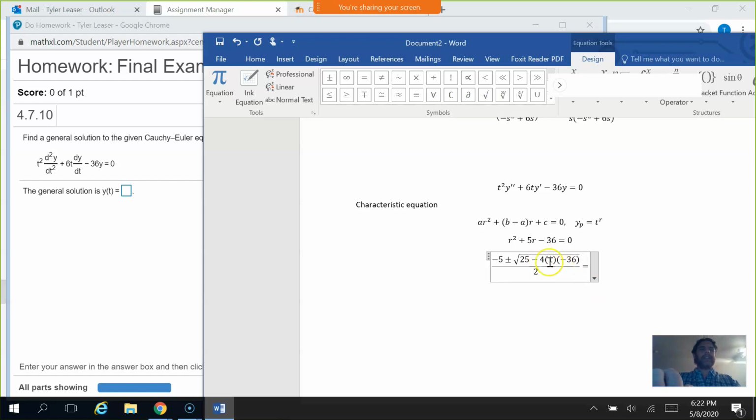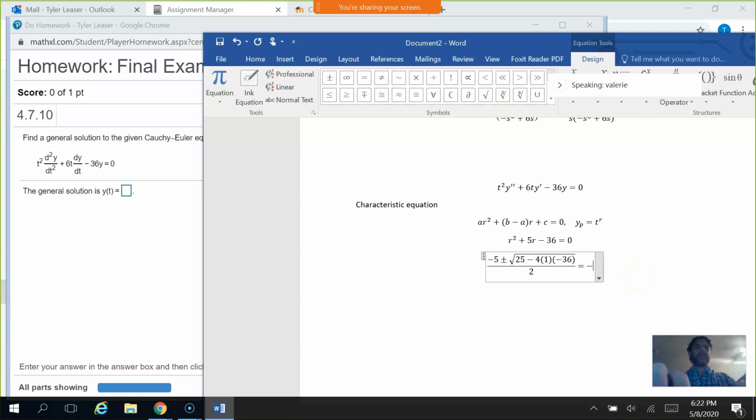All right, and then cleaning this up, I'm probably going to need some calculator help here. Does anybody have a calculator with them? Does that come out to be anything remotely nice? 169, so 13.